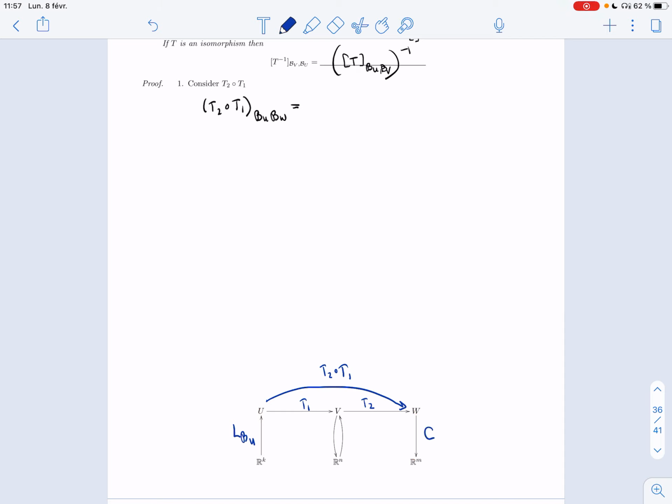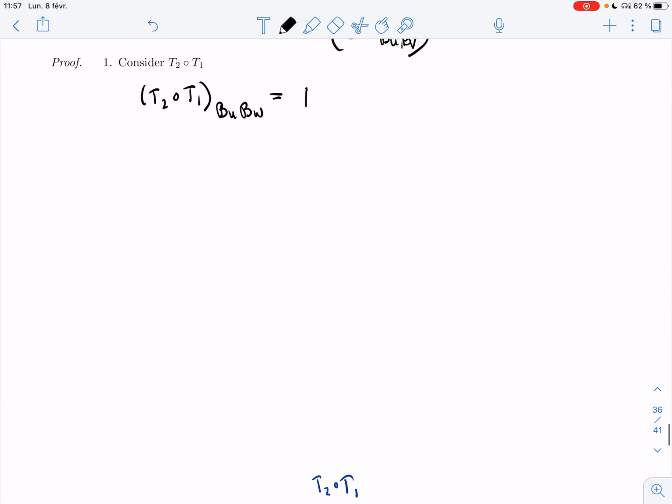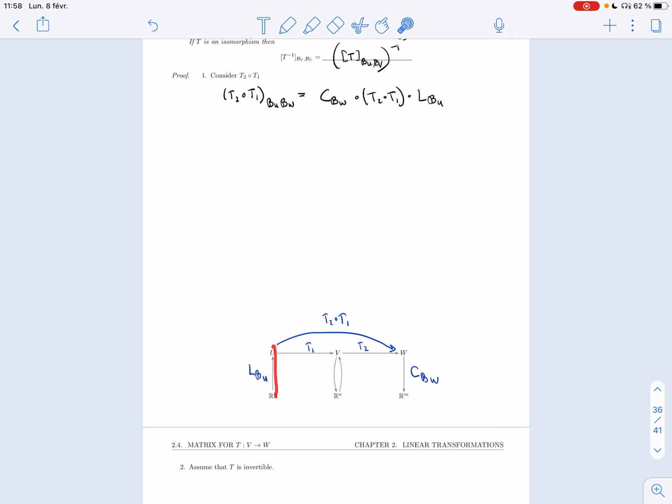This one was the coordinate map for W. So let me write it out: C_BW first, then T2 composed with T1, and then L_BU.